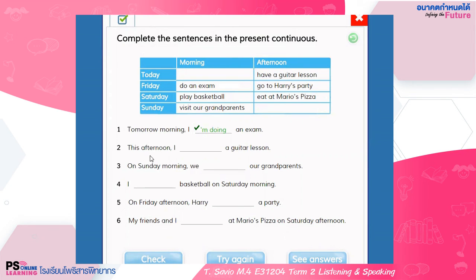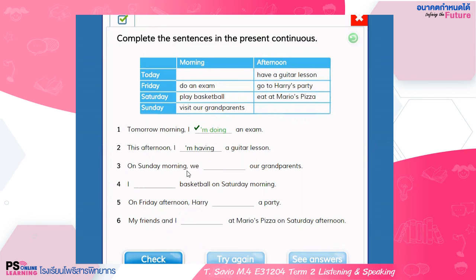Two, this afternoon, I'm having a guitar lesson. 3, on Sunday morning, we're visiting our grandparents.